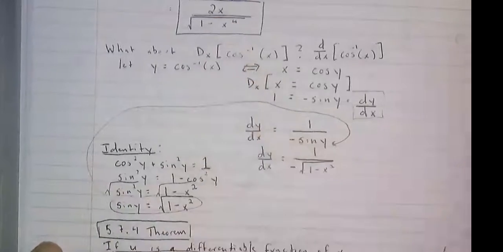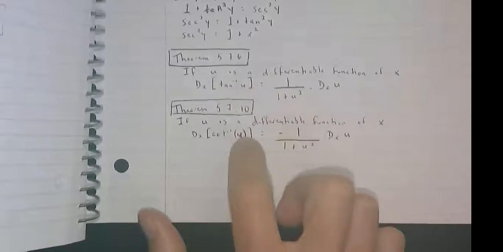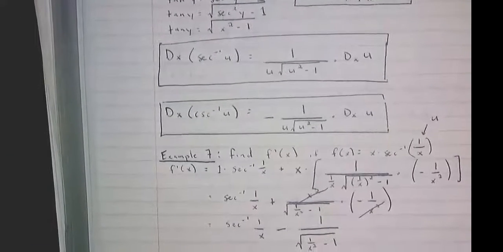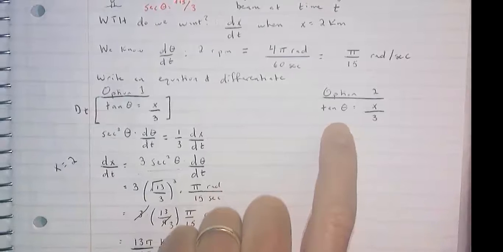Cosine, same thing. Tangent, cotangent, it's all dependent on this inner function. So that could be a nice thing for us. If we want to get rid of the trig situation, the inverse trig derivatives allow us to do that.